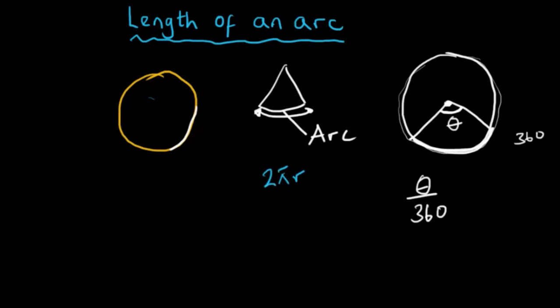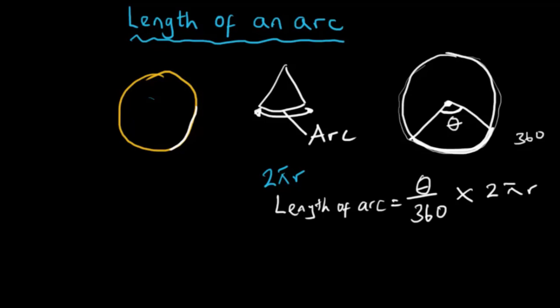Do you understand? So if an arc is a fraction of a circumference, it then means to calculate the length of an arc, I should be having theta over 360 times 2 pi r. Here is the formula for the length of arc: theta over 360 times 2 pi r.